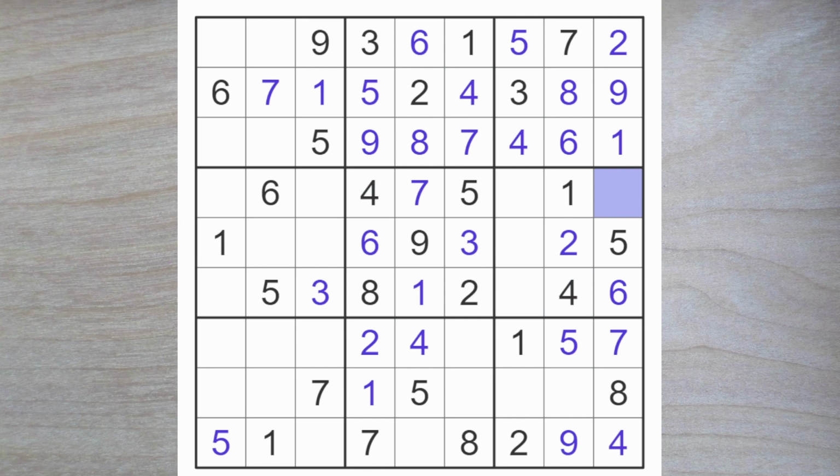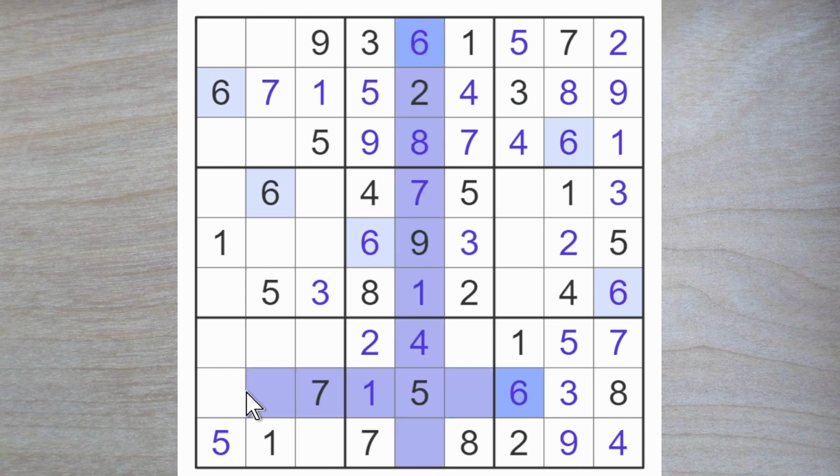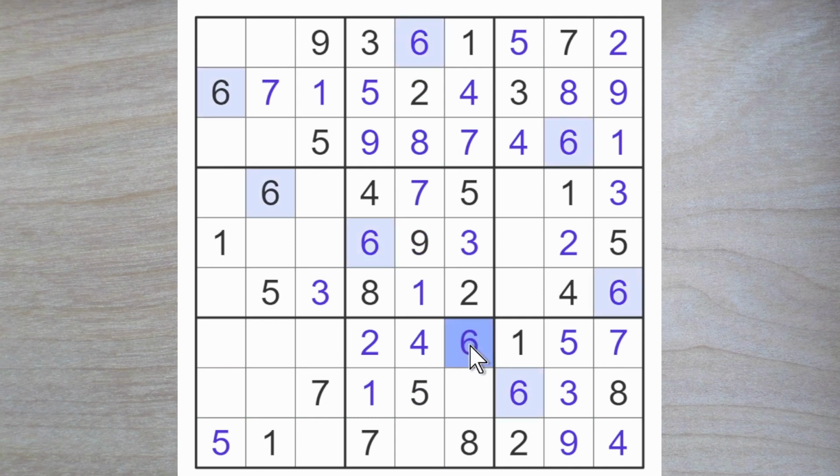Oh, let's do this one first. It must be a 3, and therefore a 3 must go here. And that gives us an easy 6 for this square. 6 blocks down, this 6 blocks over, so here's a 6, and that gives me this 6 here.